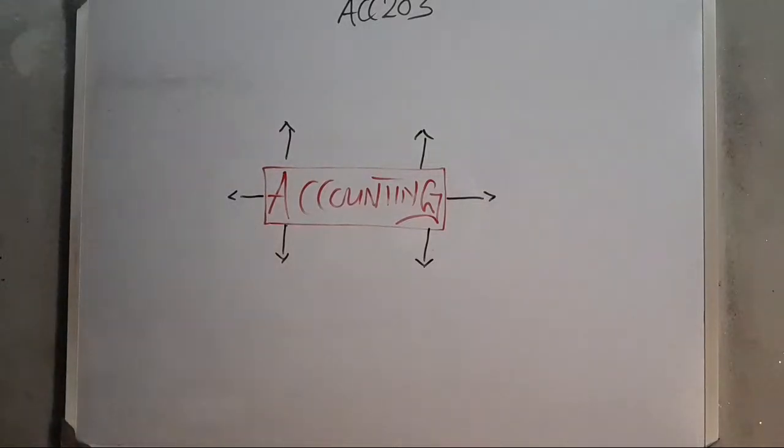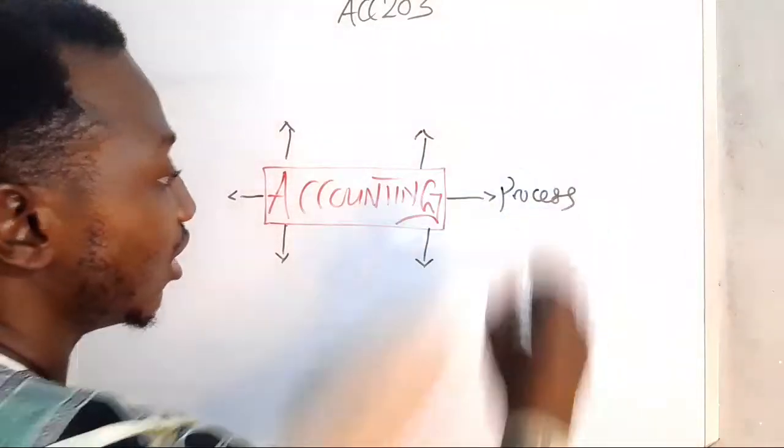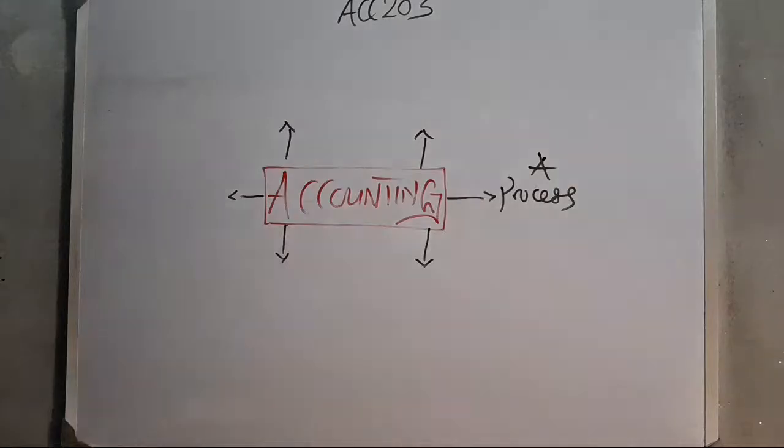Now, let's identify the fact that accounting is a process. All right? A process. This process involves designing and operating an efficient accounting information.